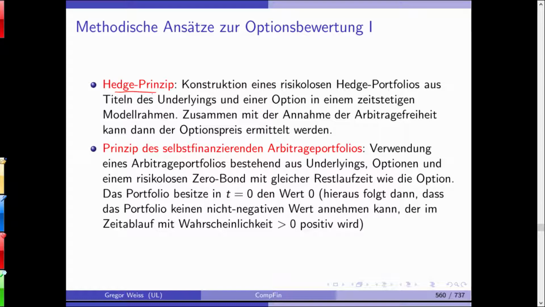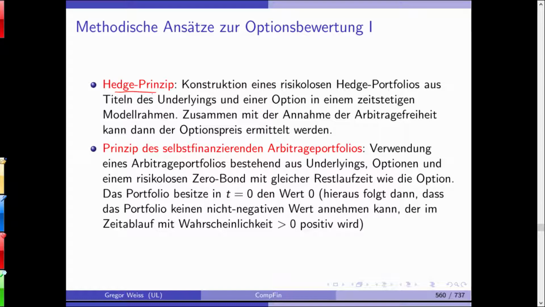You're taking the underlying and the option, and you are hedging the underlying by using the option, by going short in the option. Because this portfolio is delta hedged, it has a risk of 0. And if it has 0 risk, it should yield the same return as the risk-free rate. This is the arbitrage portfolio.